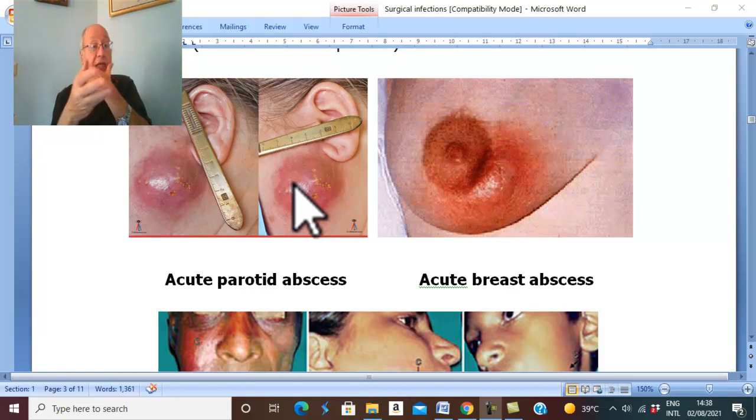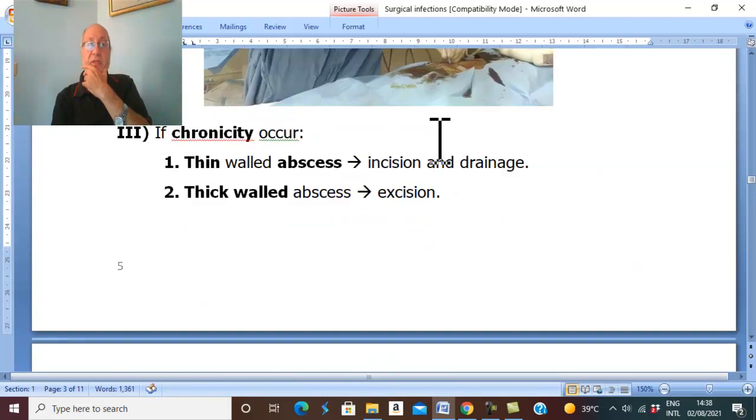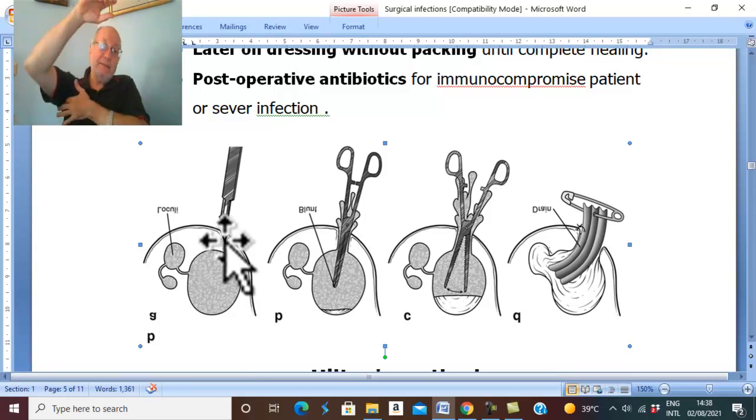In dangerous areas like the parotid region, we open the abscess by separation of tissue, not division of tissue. How? By Hilton's method. What is Hilton's method? In important areas like parotid abscess, neck, or axilla, we open the skin only.